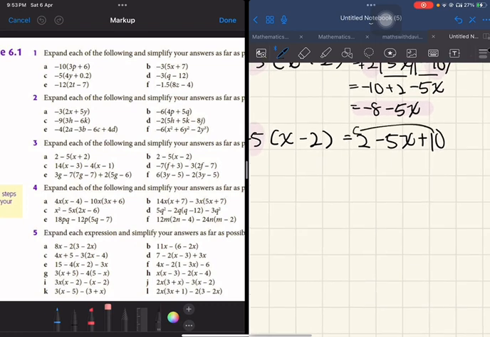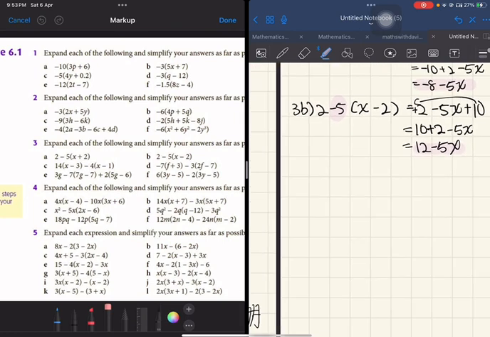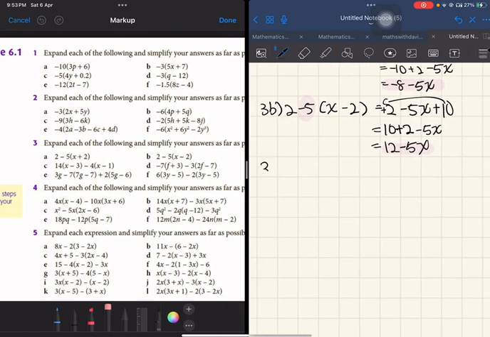So it's going to get positive 10 plus 2, because here is also positive, and then subtracted by 5x, 12 minus 5x. That is the final answer. Okay? Alright, let's continue.